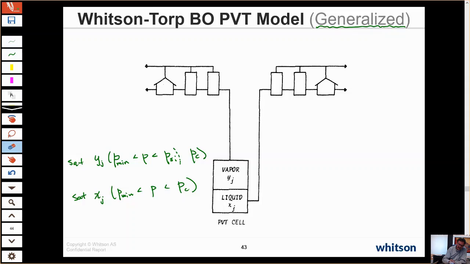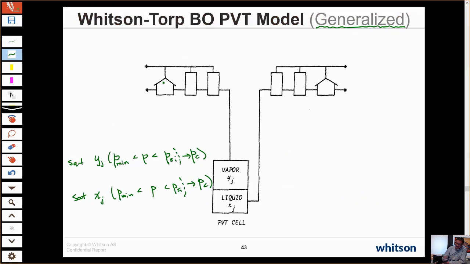So that's this recommendation. That's normally what we're doing. And then you can basically run all of these compositions through the separators to come up with all of the properties to get the complete table.